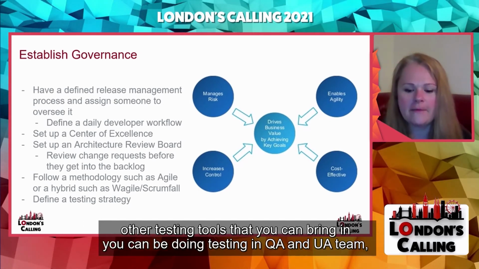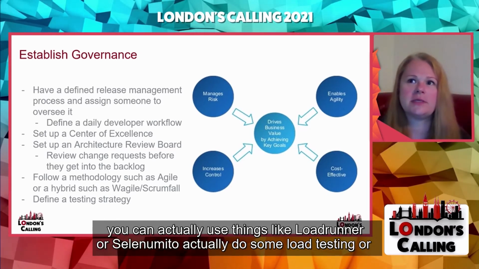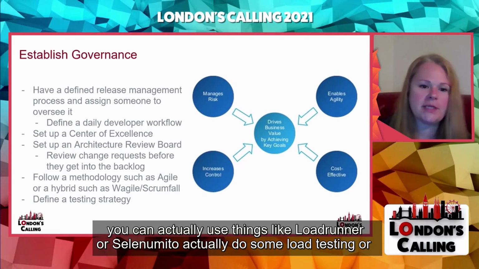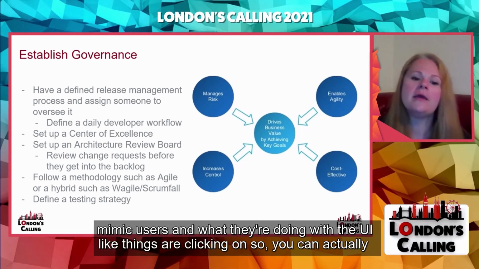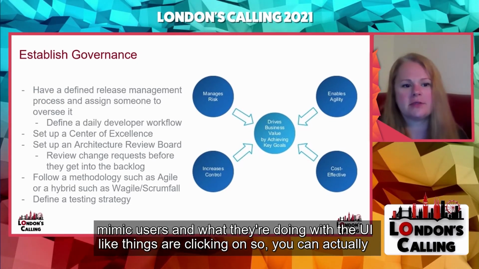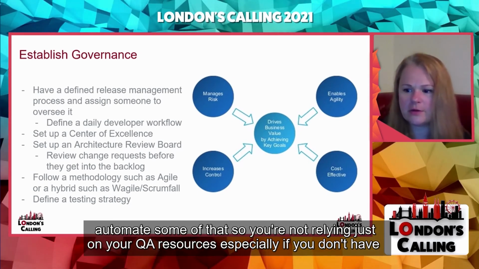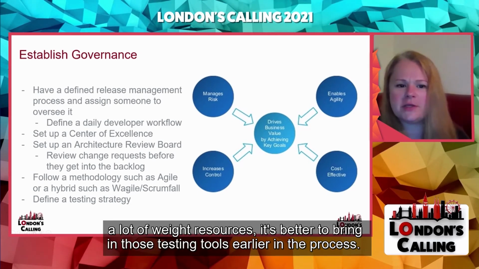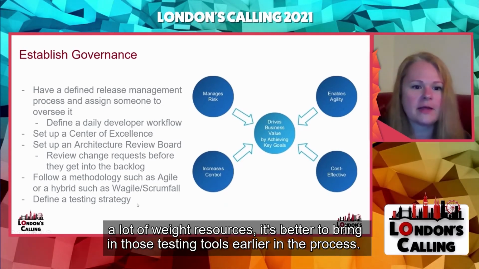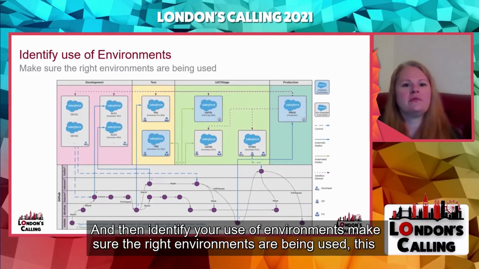You could be doing testing in QA and UAT, and you can actually use things like Load Runner or Selenium to do some load testing, or mimic users and what they're doing with the UI, like things they're clicking on. So you can automate some of that, so you're not relying just on your QA resources. Especially if you don't have a lot of QA resources, it's better to bring in those testing tools earlier in the process.